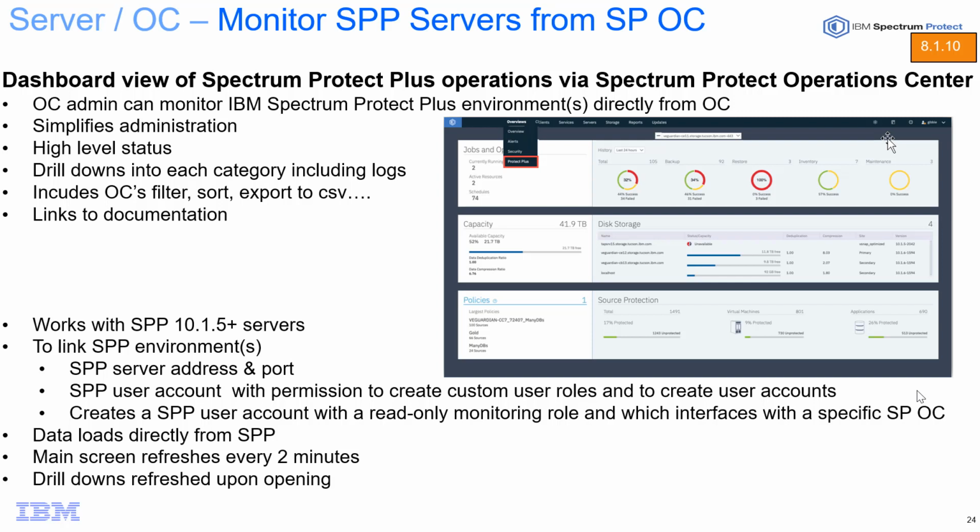You'll be able to drill down into those and view things like activity logs, service level agreements, and so forth. So go ahead and give this a try, and I think you'll find it's an easy way to monitor both your Spectrum Protect and Spectrum Protect Plus environments from the Operations Center.